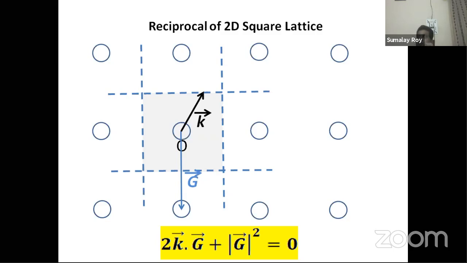Now, if you are convinced with this, we can see more. Any vector which starts from the origin and ends up on the top line of the Wigner-Seitz cell, like this, all of them will have this equation satisfied.